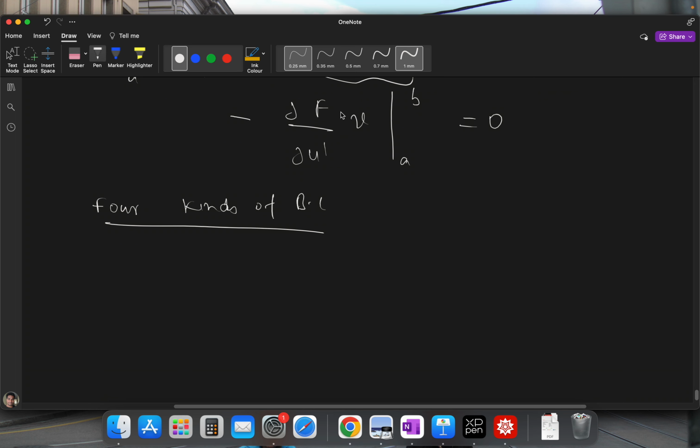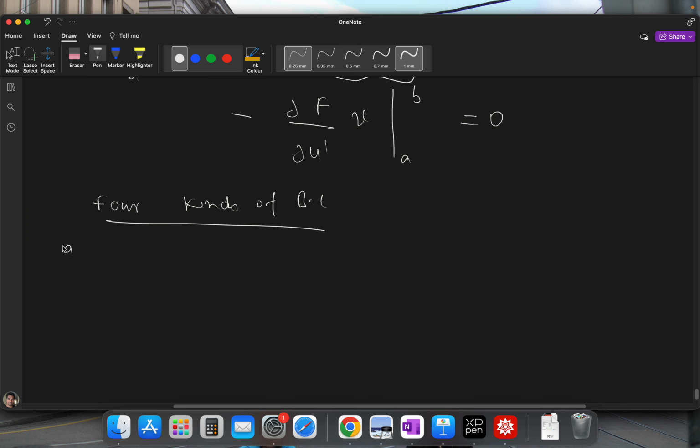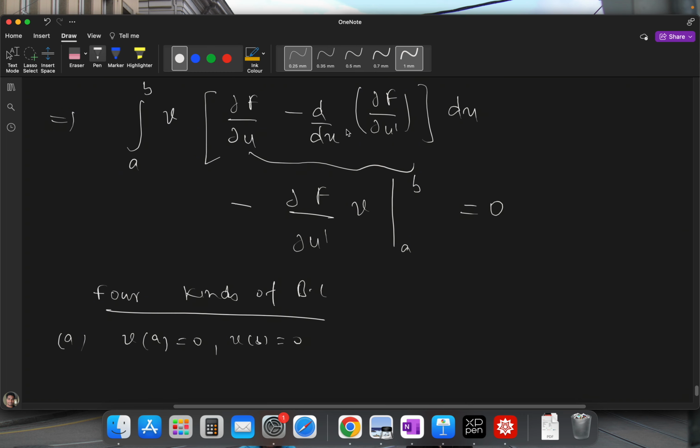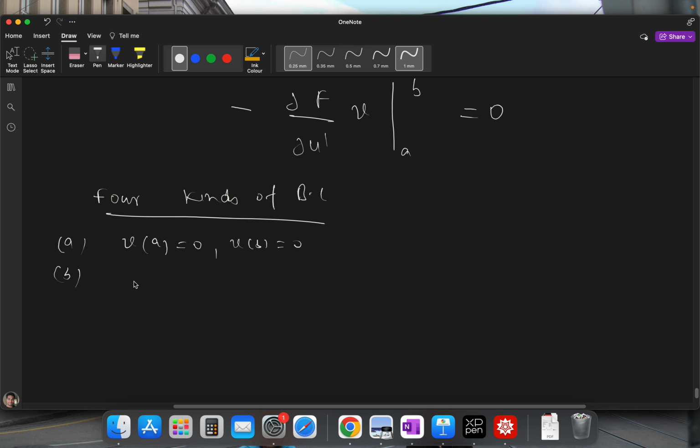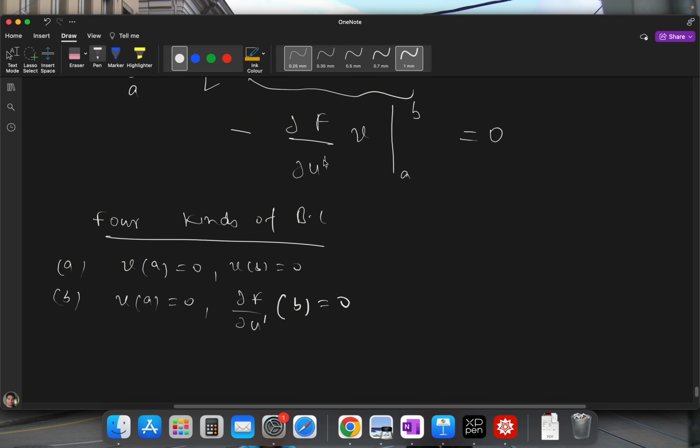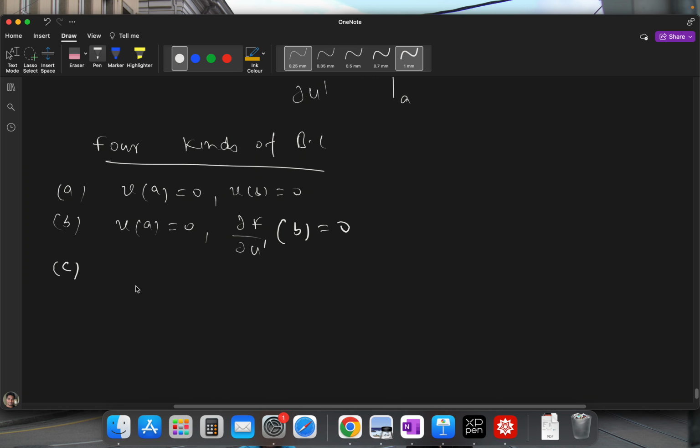But sometimes this natural boundary condition also can become 0. So here we can also get va equal to 0, vb equal to 0, and then also we will get the Euler-Lagrange equation. But also when va equal to 0, sometimes del f by del u dash at b can also become 0, then also you will get the Euler-Lagrange equation. Similarly you will get four kinds of boundary conditions.